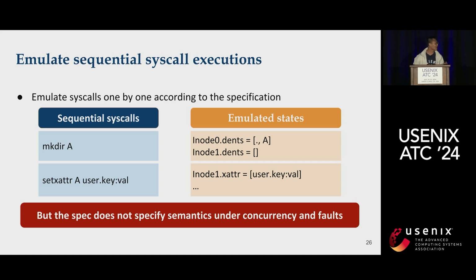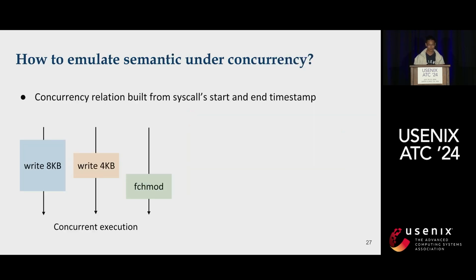But it's quite challenging to emulate the states under concurrency and distributed faults because the specification doesn't tell you how the semantics work. For example, if we have a test case including these four syscalls and maybe some other syscalls preceding, then from a user perspective, we only know the execution time steps, like when the syscall starts and when the syscall finishes, right?